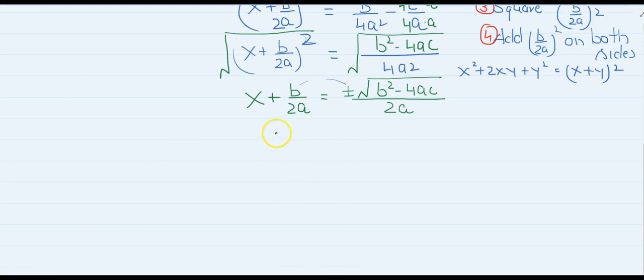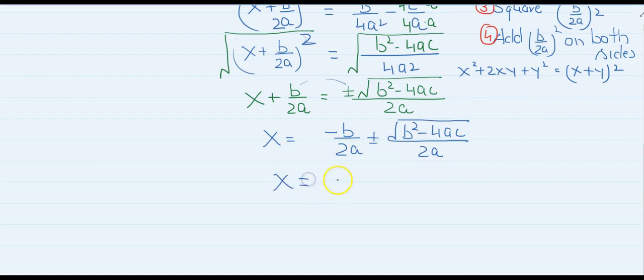So now we can write x as −b/2a ± √(b² − 4ac) / 2a. Here 2a is common, so we can write x = (−b ± √(b² − 4ac)) / 2a.